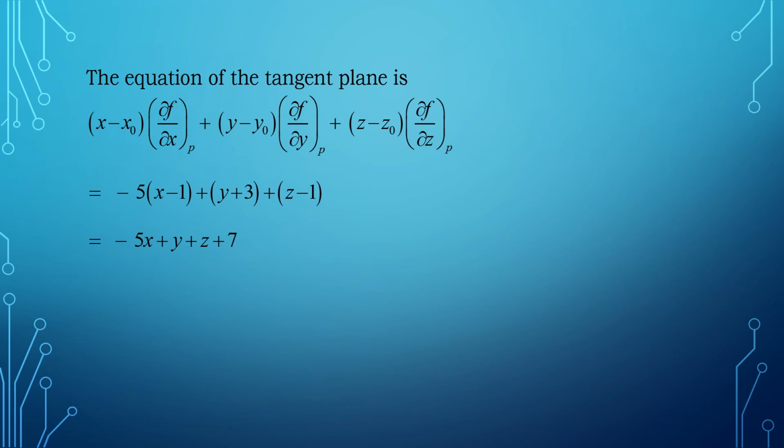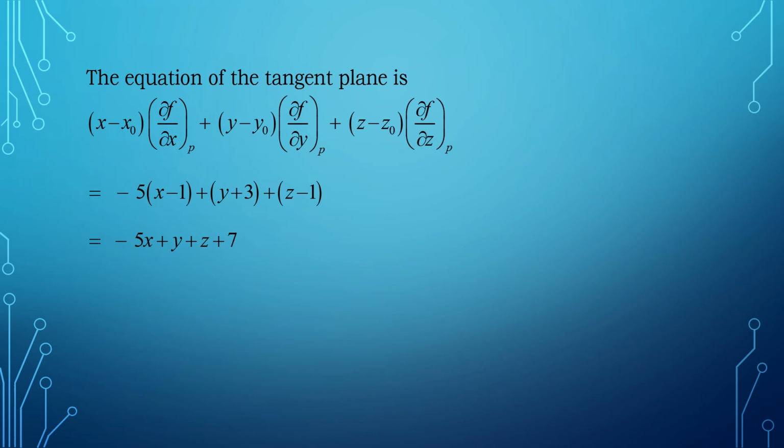Now we have our formula of the tangent plane. The tangent plane formula is x minus x naught into dou f by dou x plus y minus y naught into dou f by dou y plus z minus z naught into dou f by dou z.